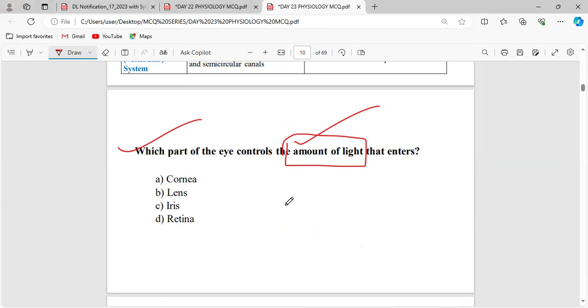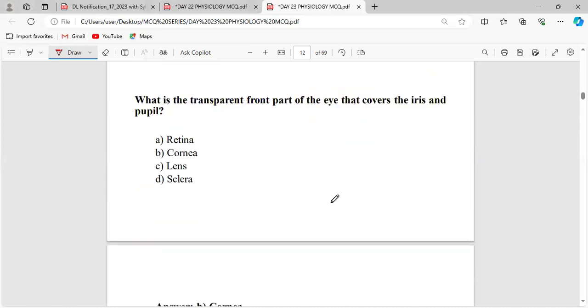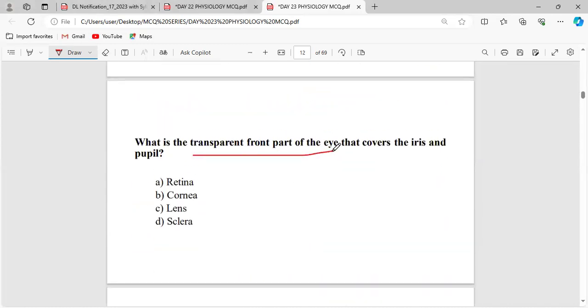The amount of light that enters the eye is controlled by the iris. The iris adjusts the size of the pupil. The reason it regulates the size of the pupil is that it acts as a checkpoint to regulate the amount of light that enters the eye, right? Now, what is the transparent front part of the eye that covers the iris and pupil?